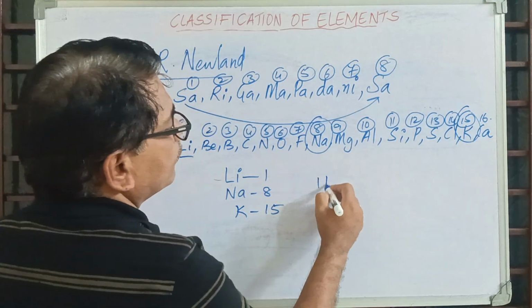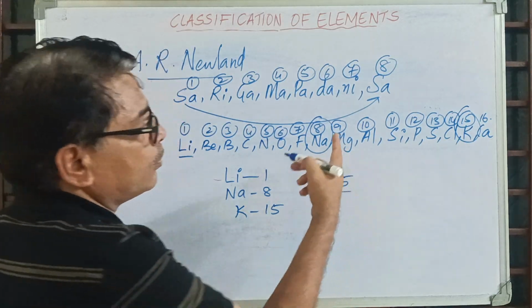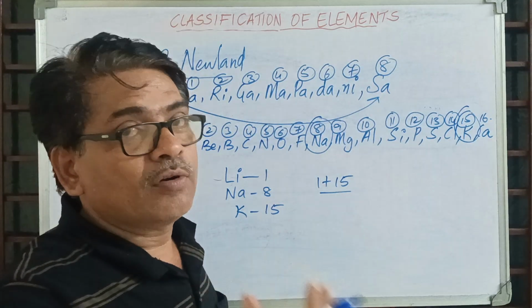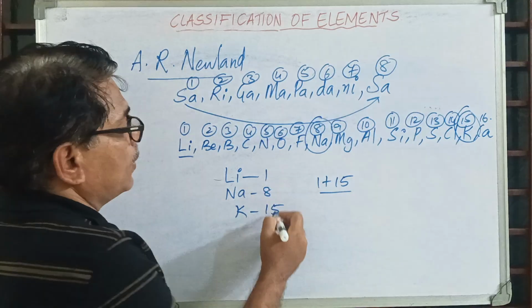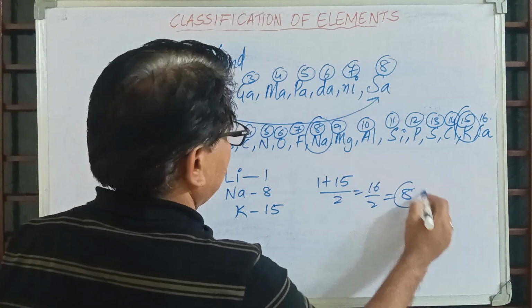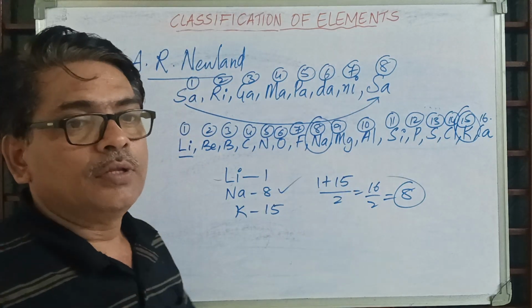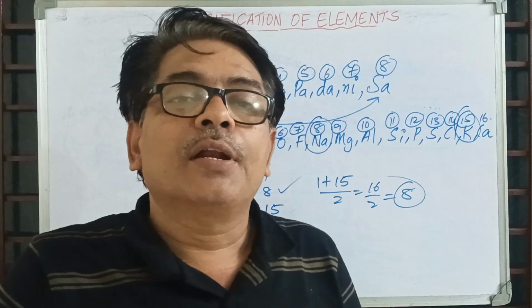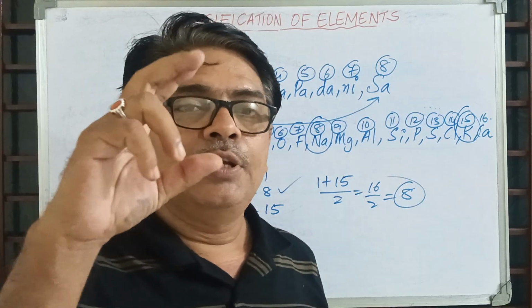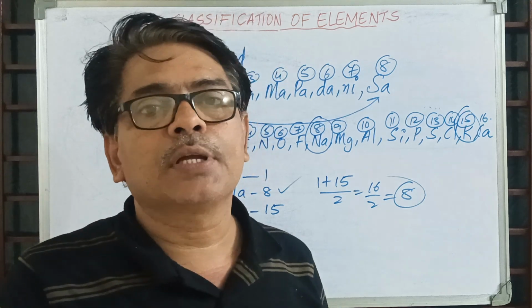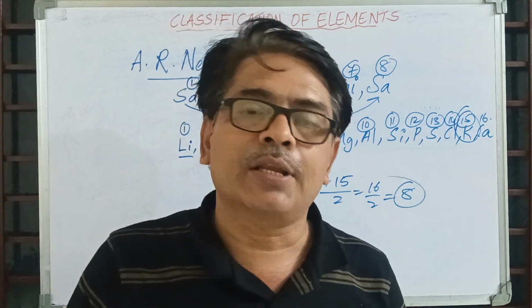Let us do 1 plus 15, because he told us to take the average of the first and last, and that will be equal to the middle one. 1 plus 15 by 2 is 16 by 2. The answer is 8, and it is true. This is how A.R. Newland proposed that Dobereiner triads, each box containing 3 elements, are similar to musical octaves.